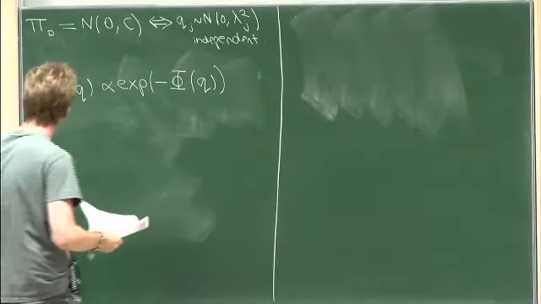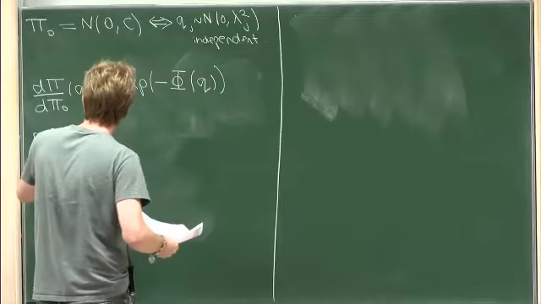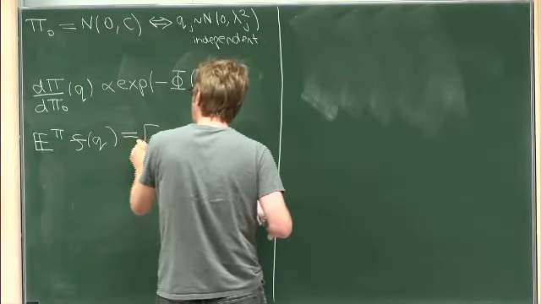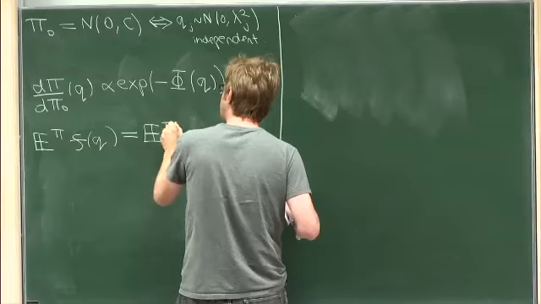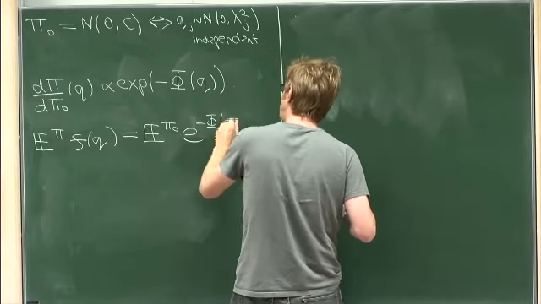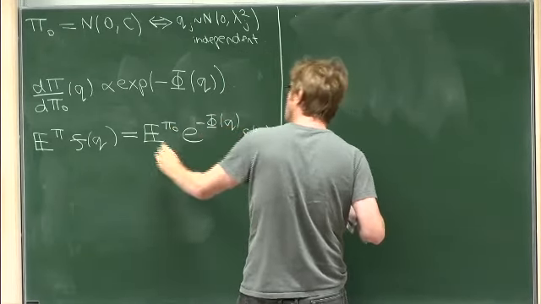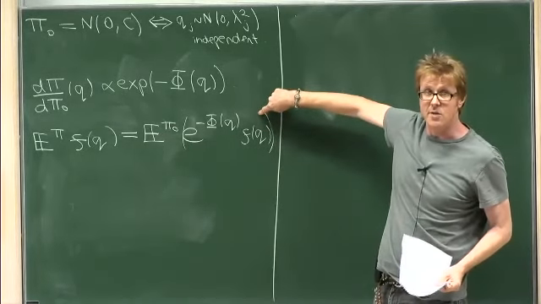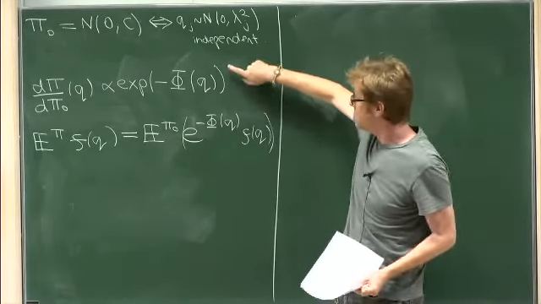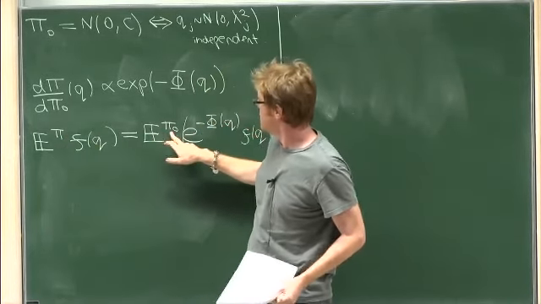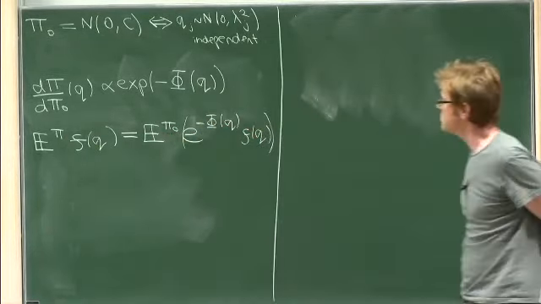What this means is that if I want to calculate an expectation against pi of f of q, that can be calculated as an expectation against the Gaussian measure of e to the minus phi of q times f of q. This is just shorthand for that, which is a way of going from computing expectations against this general measure, to expressing them in terms of expectations with respect to a Gaussian.